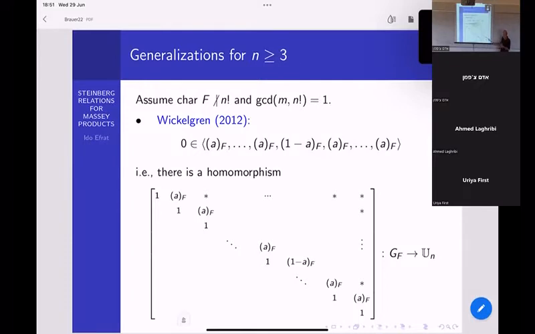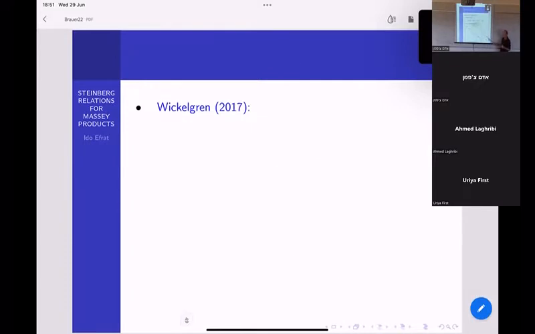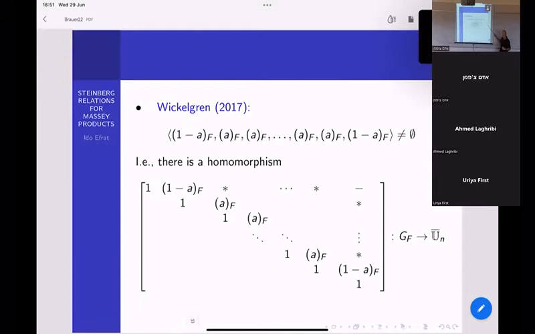She also proved another result in the same spirit a few years later. Here she took on the left and on the right the Kummer element of 1 minus A, and in the middle many A's. She first proved that this is non-empty, which means that you have a continuous homomorphism.